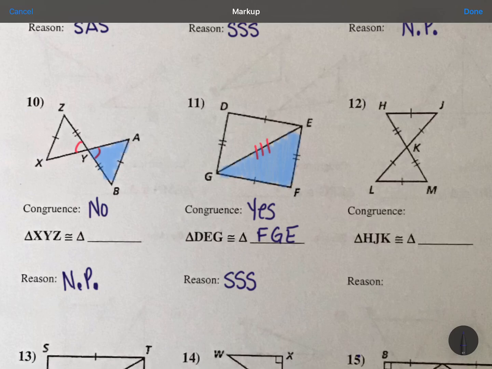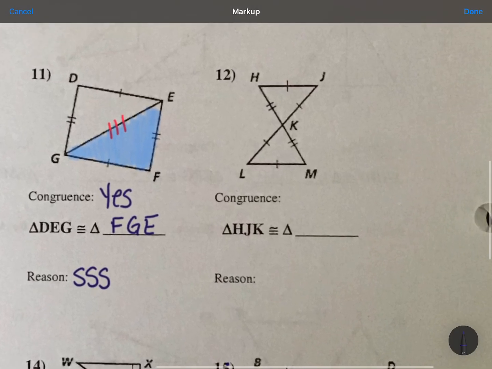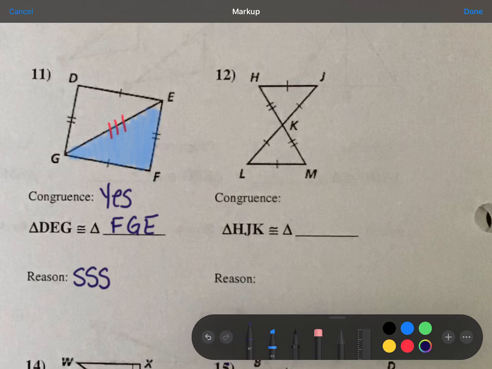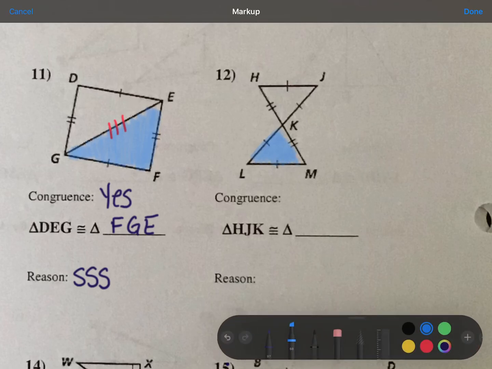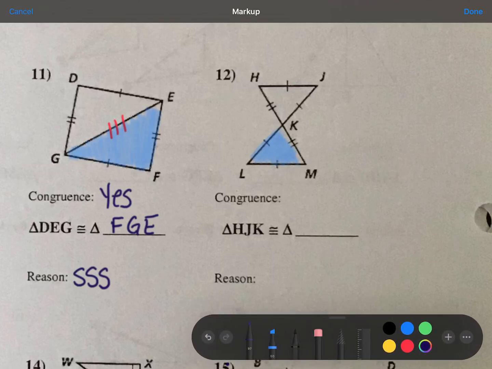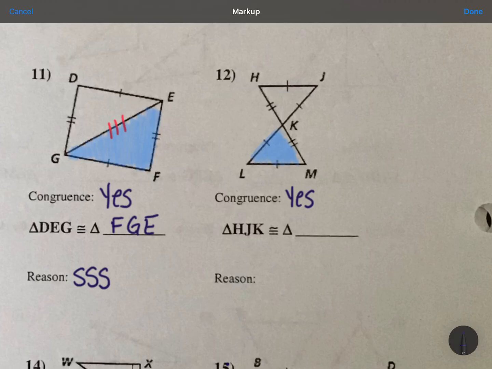Number 12. Do I have to add anything? If you did, you would add vertical angles, but do I already have 3 things? I've already got 3 things marked. So if you caught that before adding your vertical angles, you're good to go. And you'd say yes. And the reason is side, side, side. And your triangle is HJK.